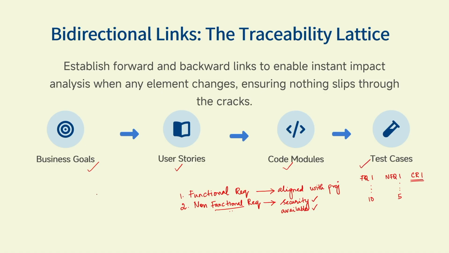And there will be something called a traceability matrix where you will have functional requirement 1, functional requirement 2 up to functional requirement 10 in our case. Okay. So, this is going to be a traceability matrix.